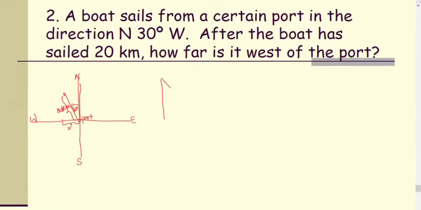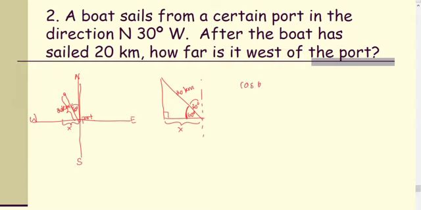Again, draw the right triangle. If this is 30 degrees, then the complementary angle would be 60 degrees. The boat traveled 20 kilometers. We are looking for the west distance, let it be x. From this right triangle, x is adjacent and 20 is the hypotenuse.